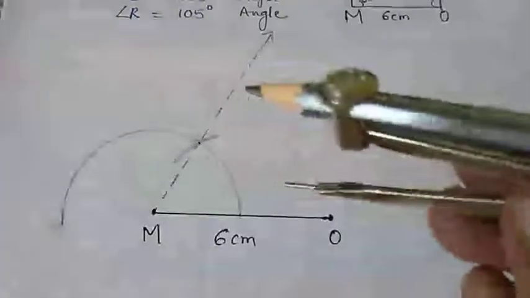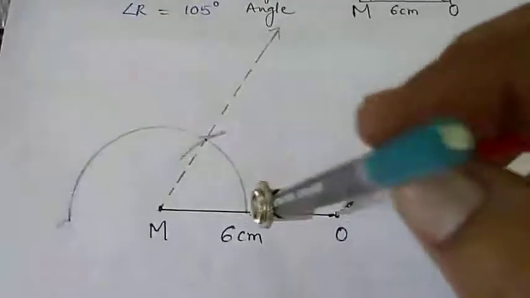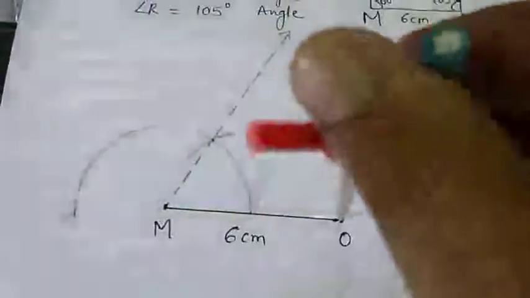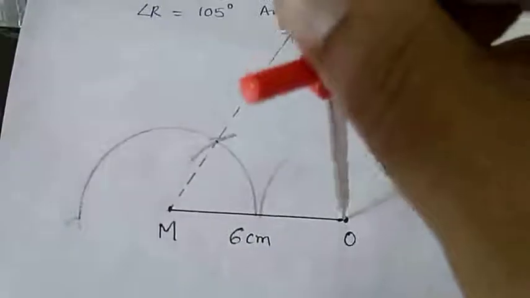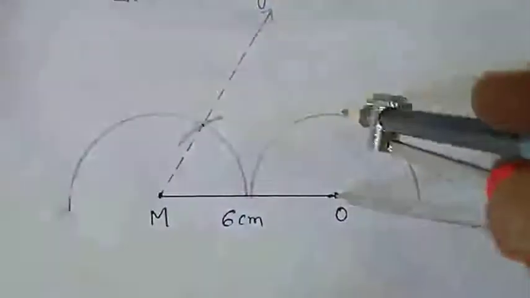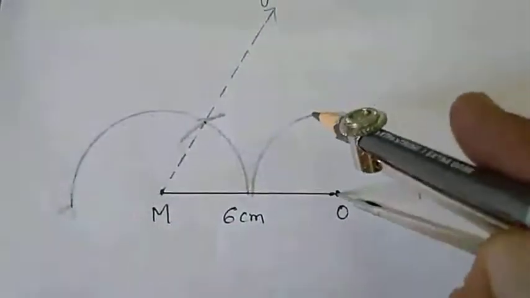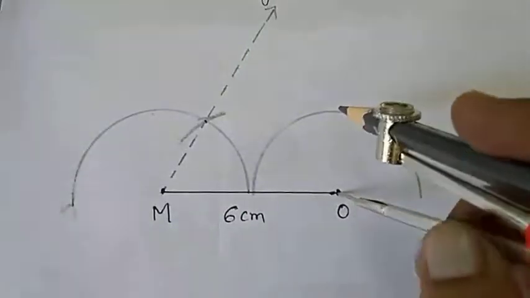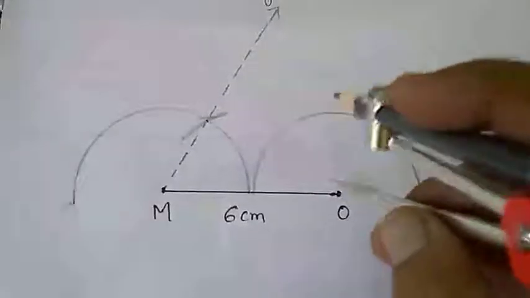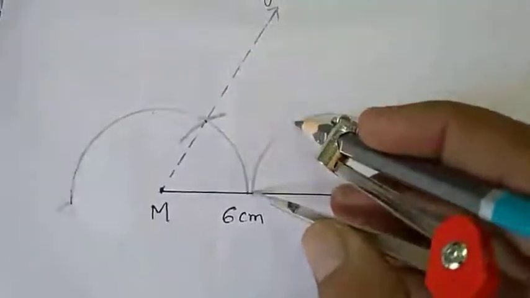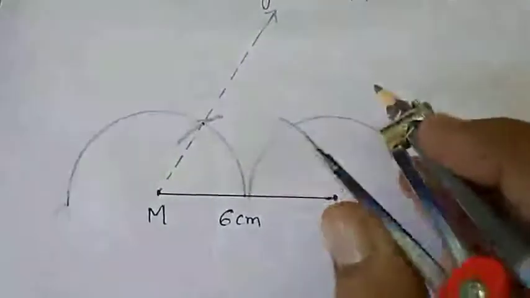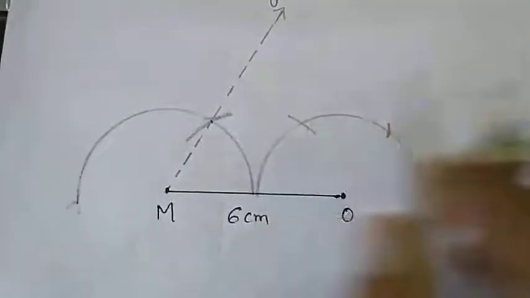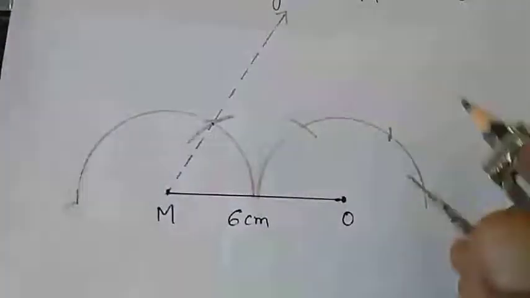So for this, 3 centimeter distance only I am taking, drawing another semicircle here on this side. Clear? They have asked me to draw how much? 75 degree, sorry, 105 degree. So from this point 60 degree, again I will draw one more 60, means it will become 120. So 60, 120.